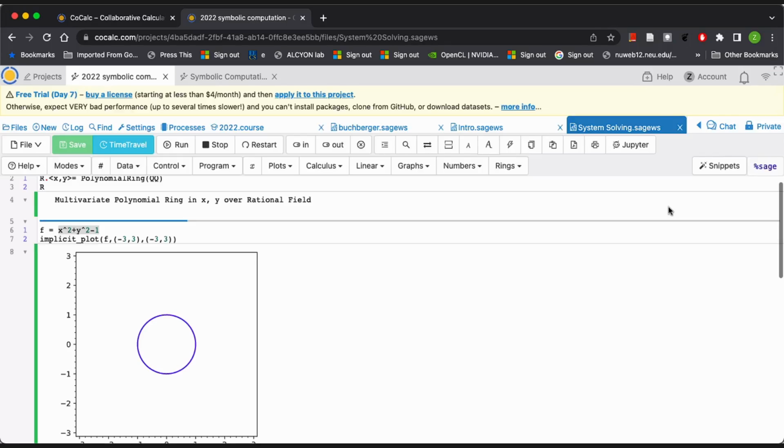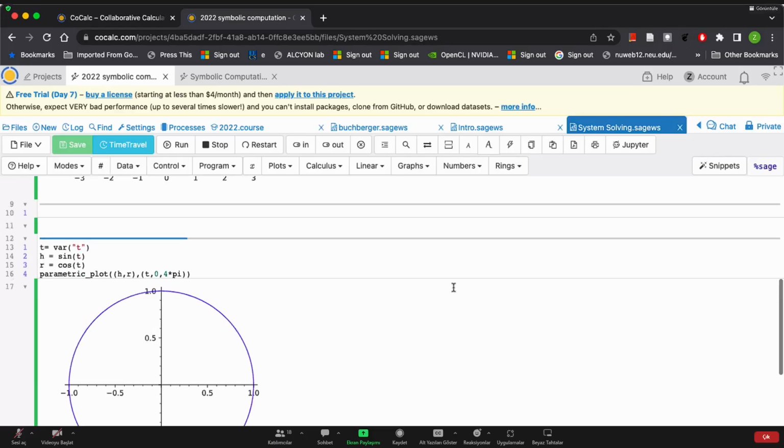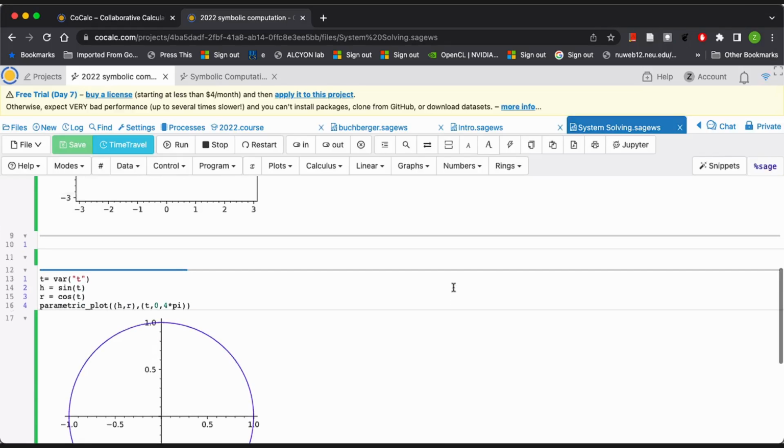So which one would be more useful? Hassan? I think the second one, sir. Why? Because we can give more parameters.